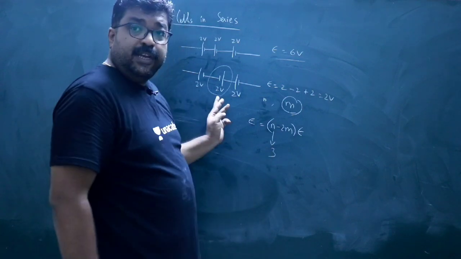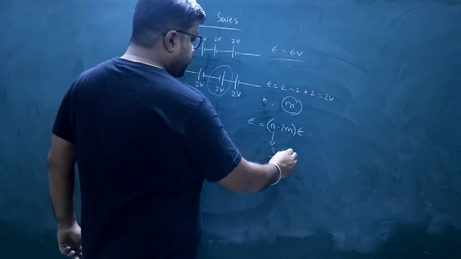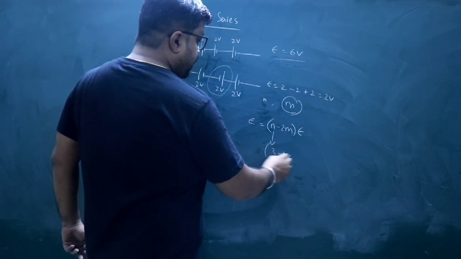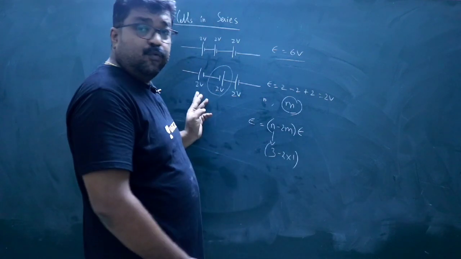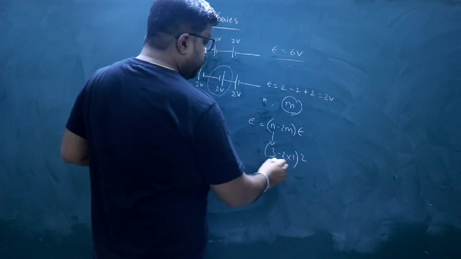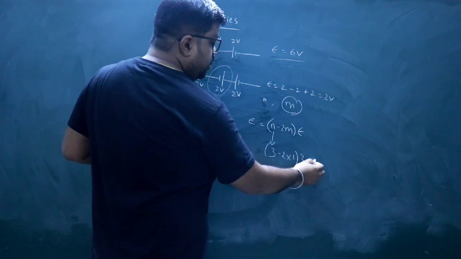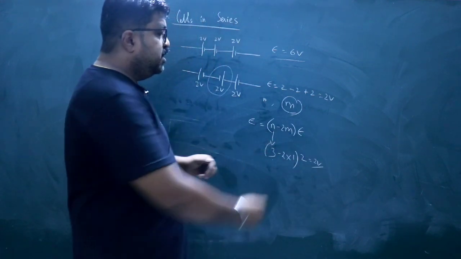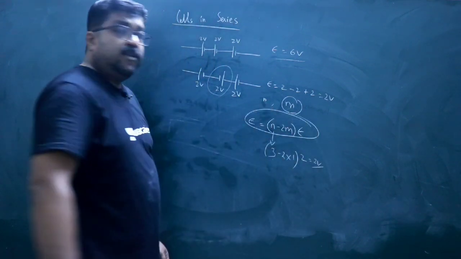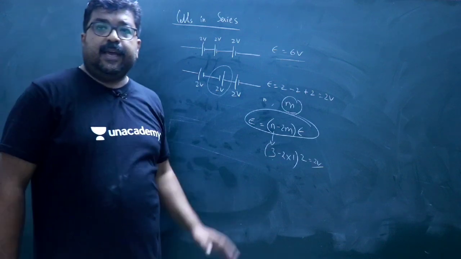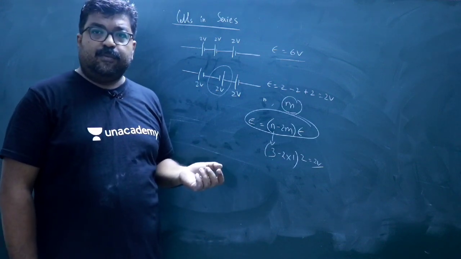One cell is wrongly connected, so m is 1, so minus 2 into 1. EMF of one cell is 2 volt. 3 minus 2 is 1, 1 into 2 is 2 volt. Okay, so this is the general expression if we have wrong connection in series combination of cells.